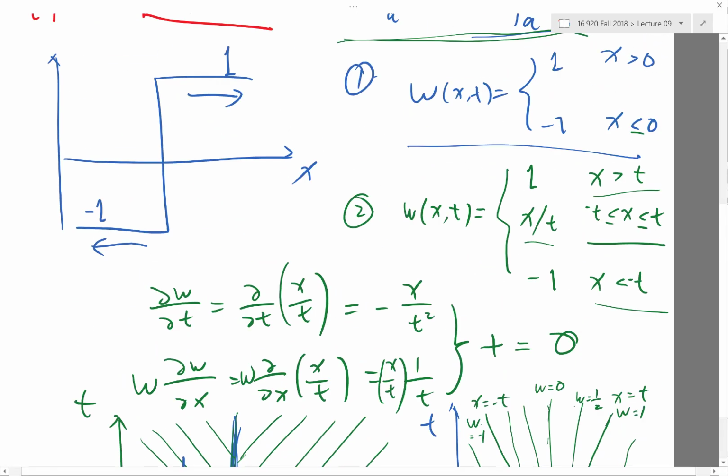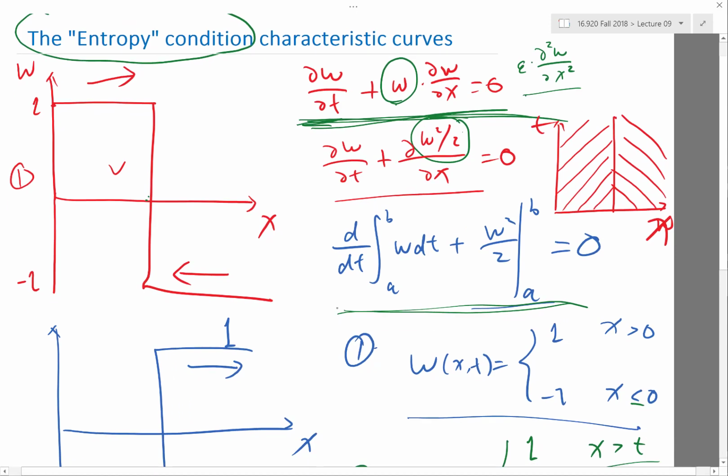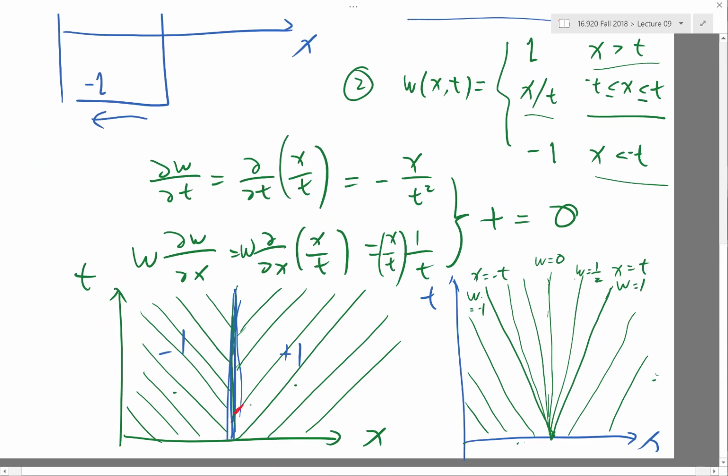So the entropy condition says that if you're looking for a solution of this kind of differential equation, whose viscosity term is there but extremely small, in the limit of zero viscosity, then first of all, the solution would satisfy the integral form of the differential equation with no viscosity, taking the limit as epsilon goes to zero, and there are no characteristics coming out of discontinuities like that. That makes sure that this solution is the correct solution and this is the wrong solution.